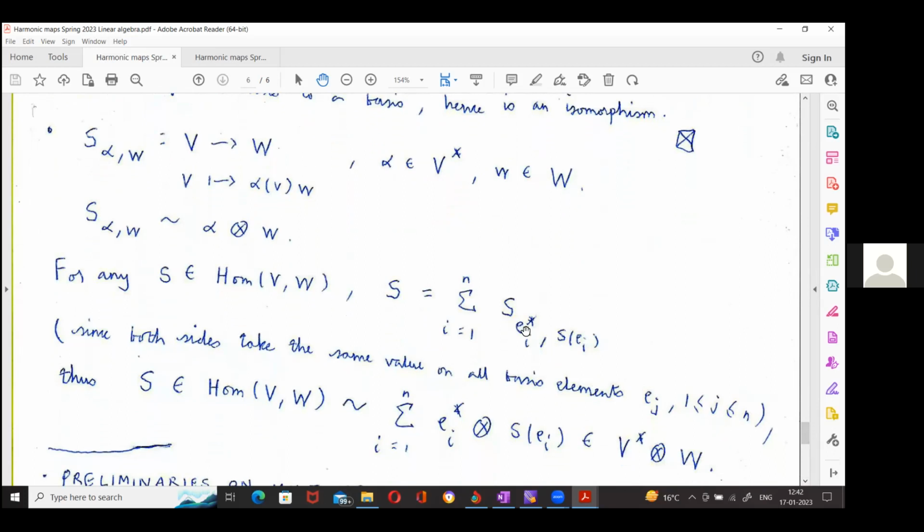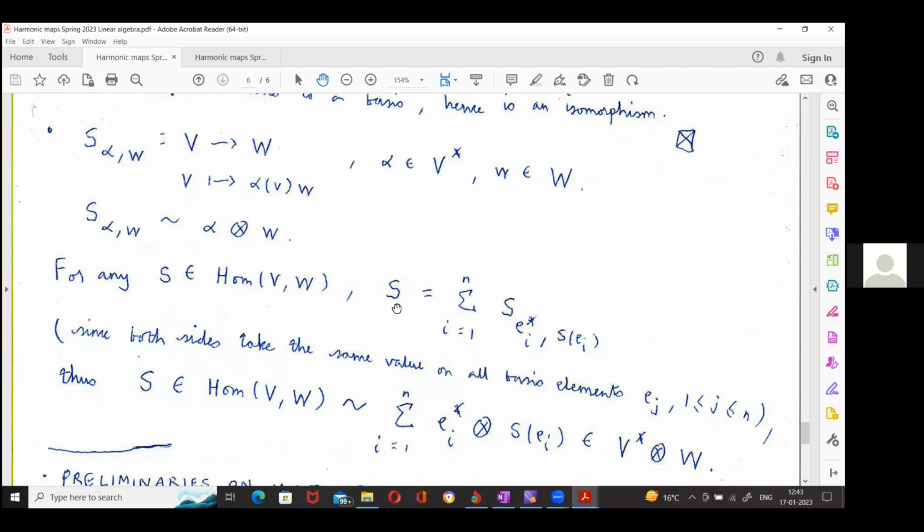Unless i is equal to j, this will map e_j to 0. The only term which can be non-zero is when i is equal to j, and then you'll get e_j star applied to e_j, that is 1, times S of e_j.